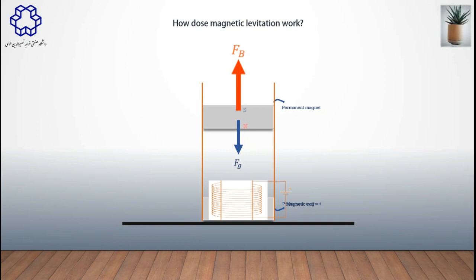If we change one of the permanent magnets to a winding coil, we can produce a magnetic flux inside the tube, and we can change the position of the permanent magnet.